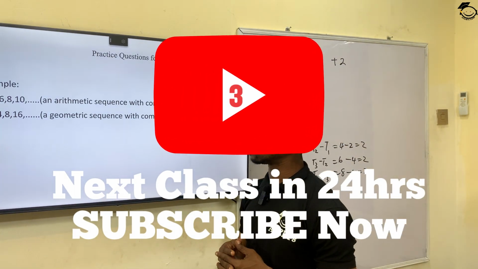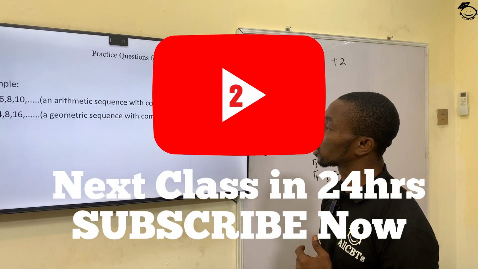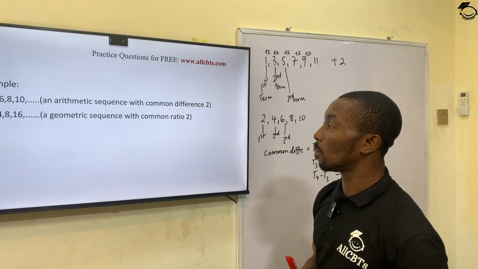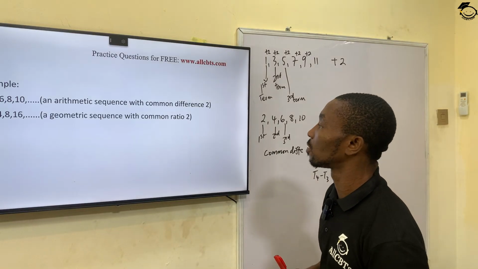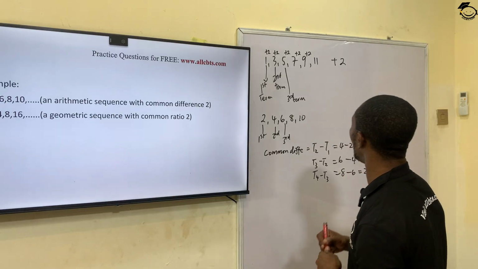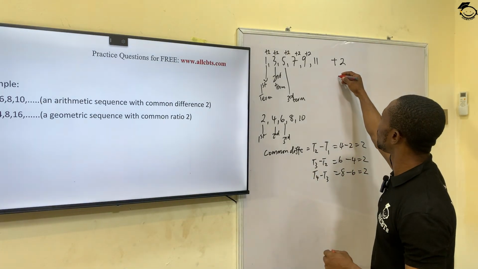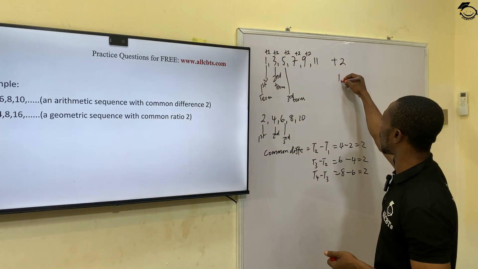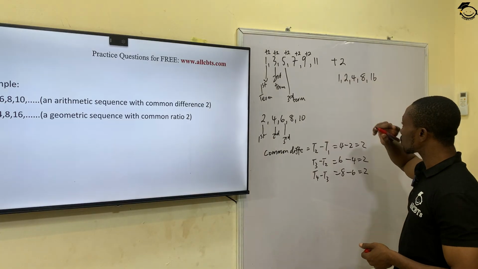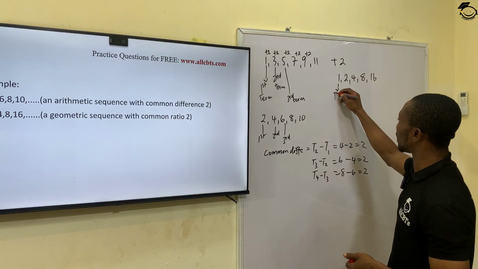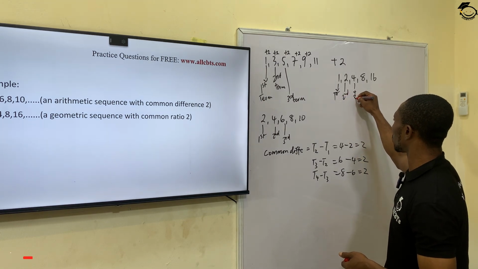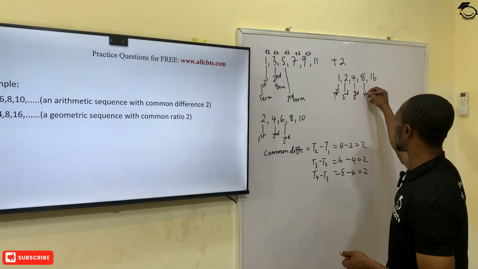While when we talk about our geometric sequence, it deals with common ratio. And in order to find our common ratio, we have it as T2 divided by T1. In the geometric sequence we have there, we have 1, 2, 4, 8, 16, where 1 is our first term, 2 is our second term, 4 is our third term, 8 is our fourth term.